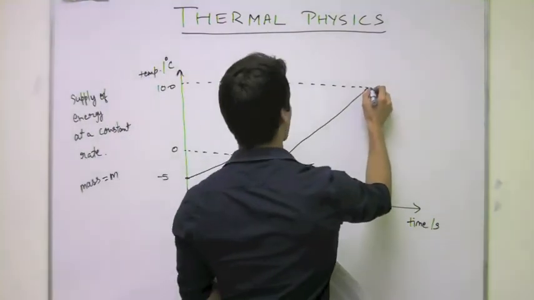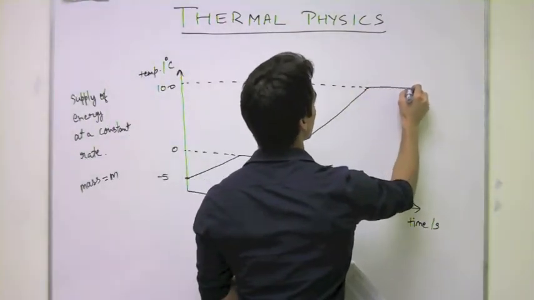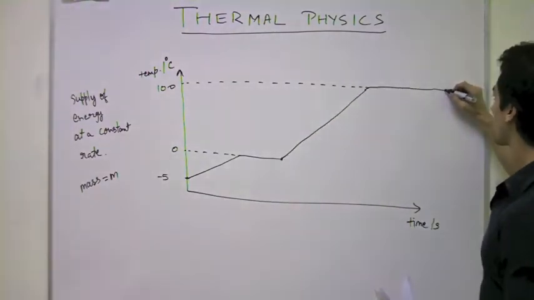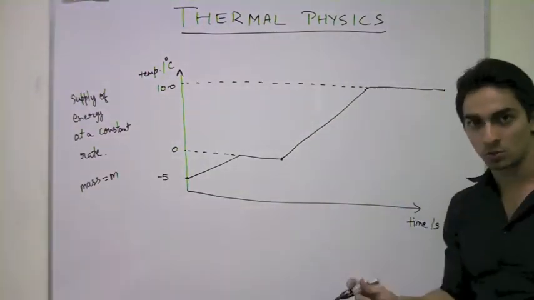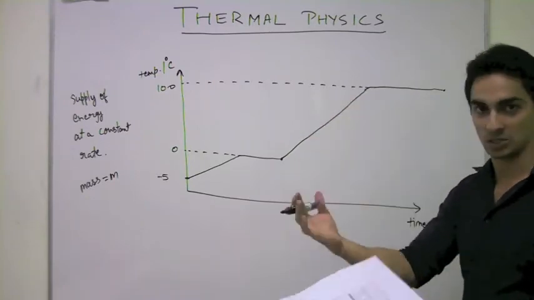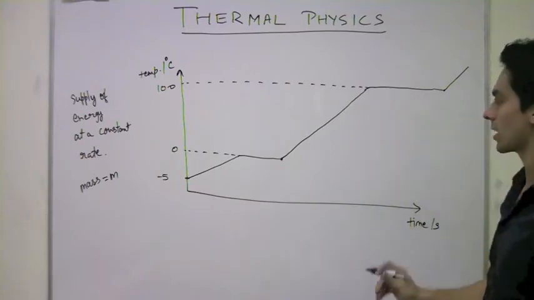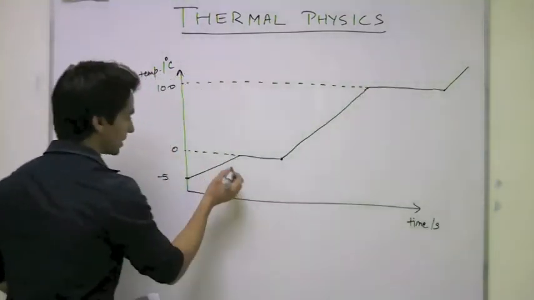At this point again, the temperature is going to remain constant while the water boils. When all of the water has boiled, then if I continue to add heat to the steam, the temperature of the steam will go on increasing.